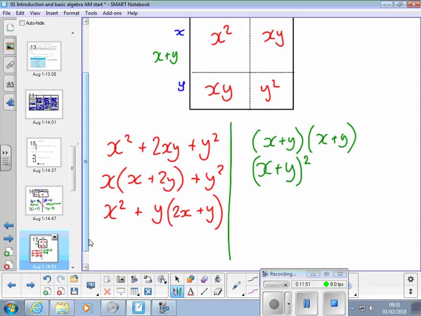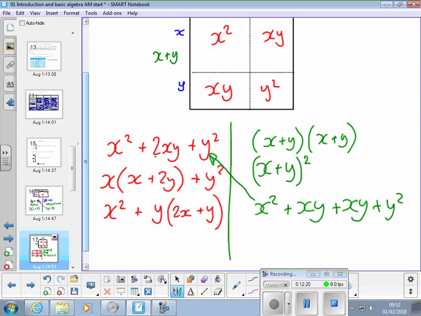What happens if we multiply out these brackets here? x times x is x squared, plus xy plus xy, plus y squared. Essentially we're back over there. So multiplying out brackets, factorizing.